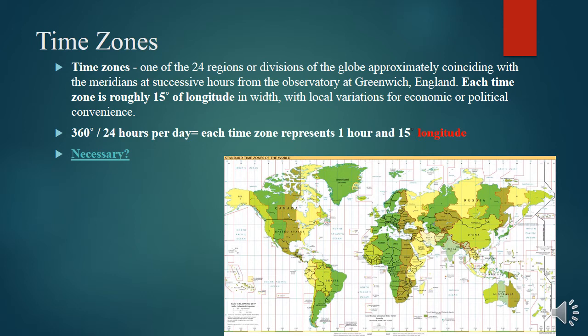You put that together, you get 360 degrees all the way around, with each time zone representing essentially 1 hour, although there are local variations in a couple countries, places like India, or regions of certain countries like Newfoundland in Canada, that are not necessarily divided by 1 hour, but by half hours for local economic or politically convenient reasons, usually.